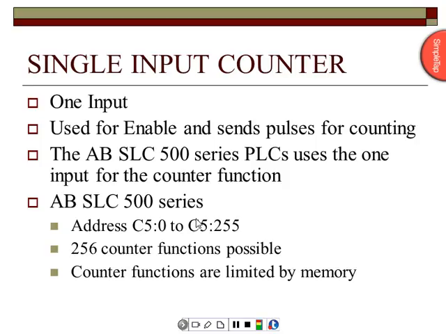So while I'm telling you have 256 counters and timers, if you put all of those in one circuit, you will run out of memory. Now, if you have a PLC that you have set up for this, you probably have bought the memory and put additional memory inside the PLC or ordered it with additional memory.